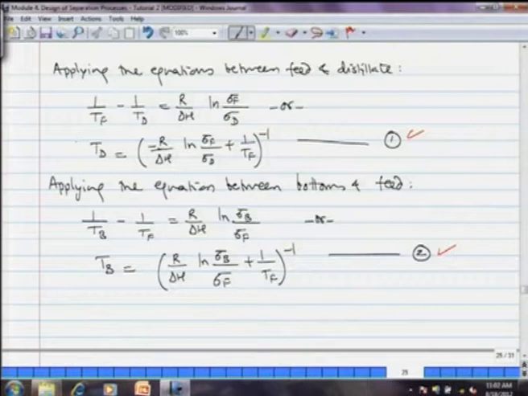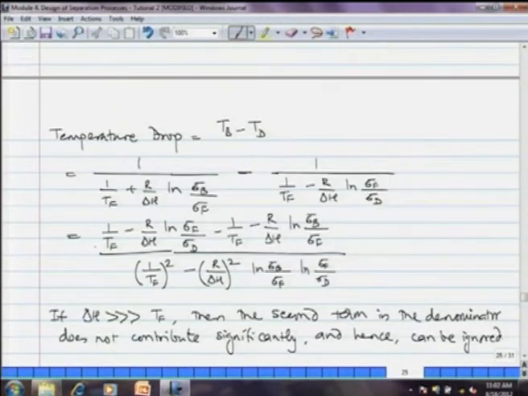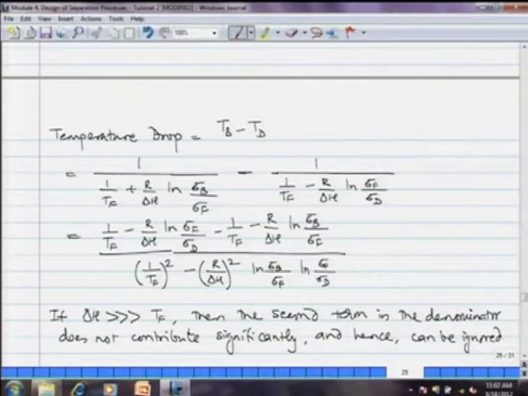So, we have the expression for the temperature of the distillate, the temperature of the bottom, and the temperature drop across the column is Tb minus Td. As I just said, you supply heat at a higher temperature in the reboiler and recover more or less the same amount of heat at a lower temperature in the distillate, in the condenser. So, the temperature drop is Tb minus Td.